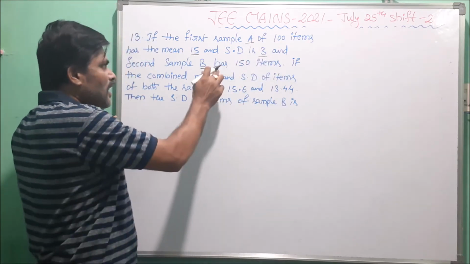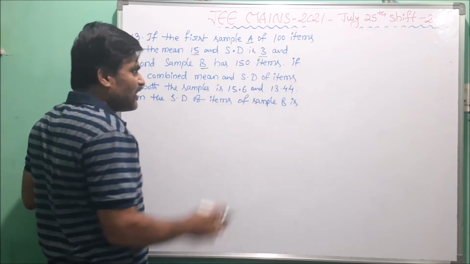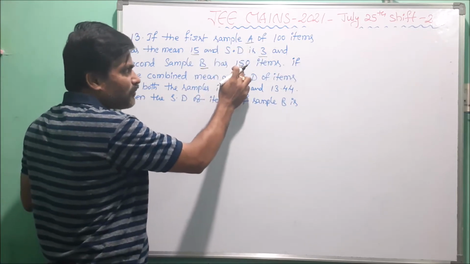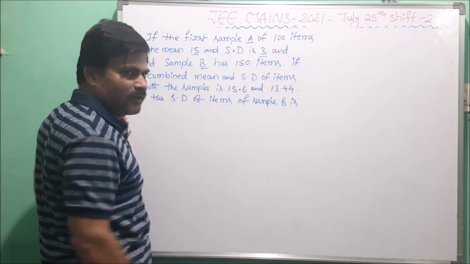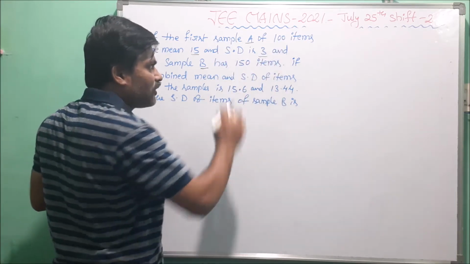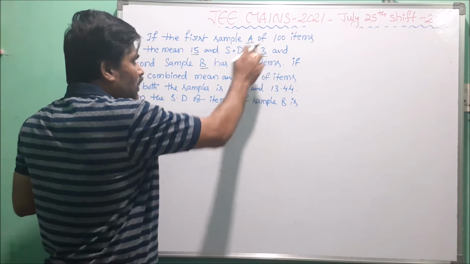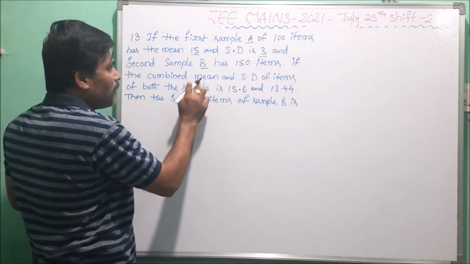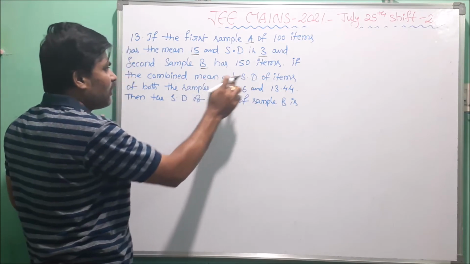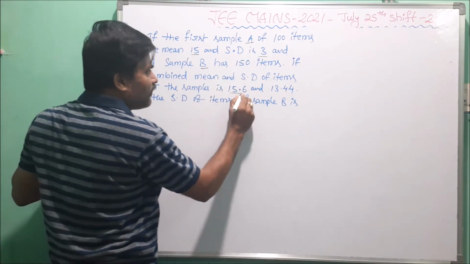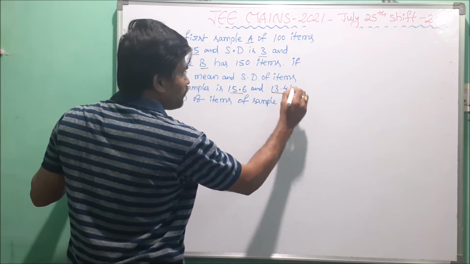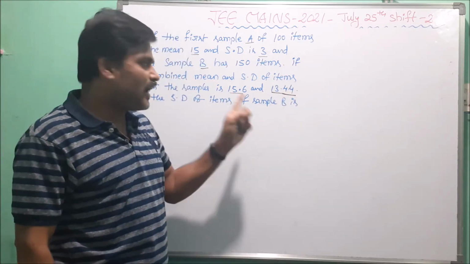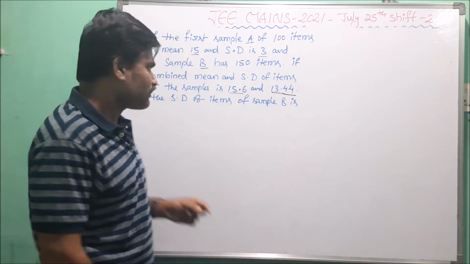Also, in both the samples the total number of items is 100 plus 150, so 250 items. For these 250 items, the given combined mean and standard deviation are 15.6 and 13.44. We have to find the standard deviation of items of sample B.